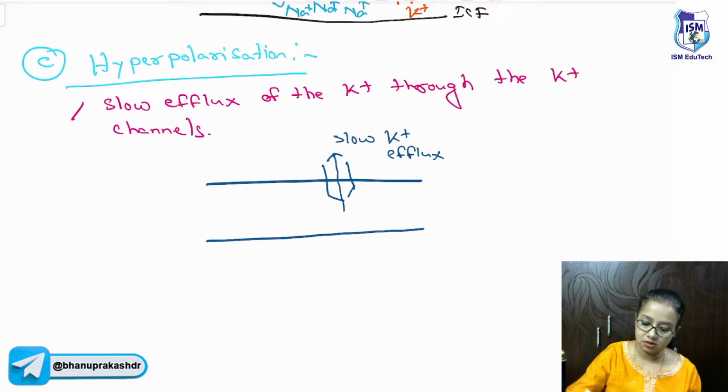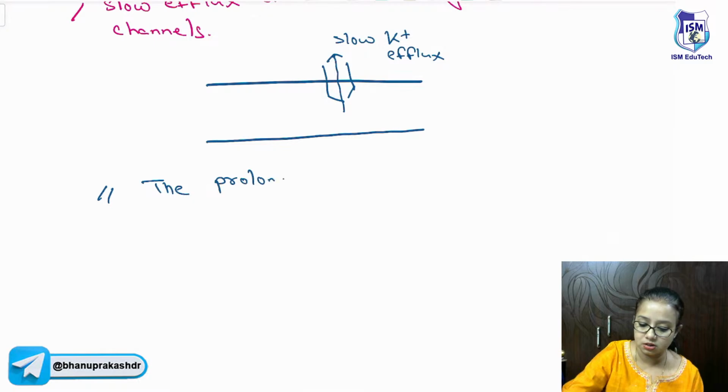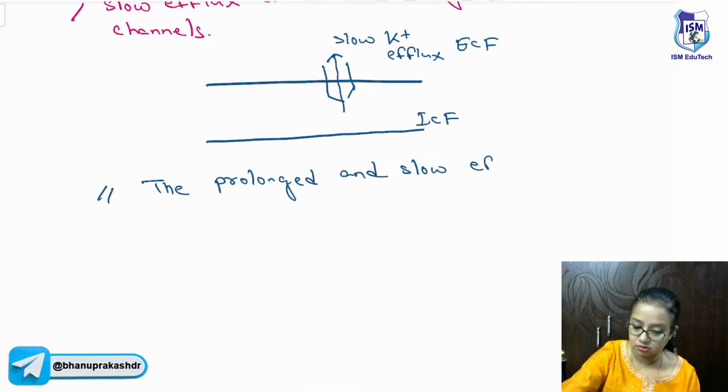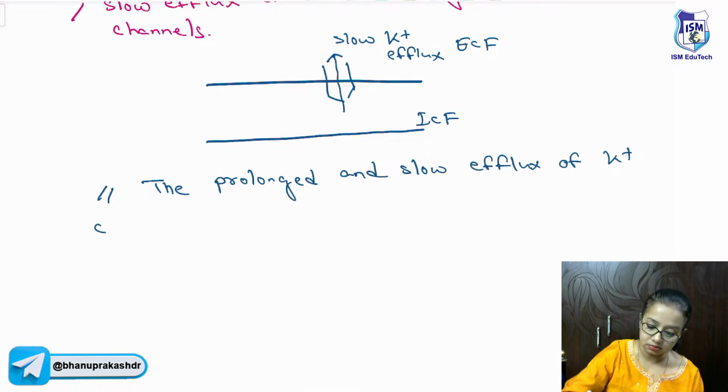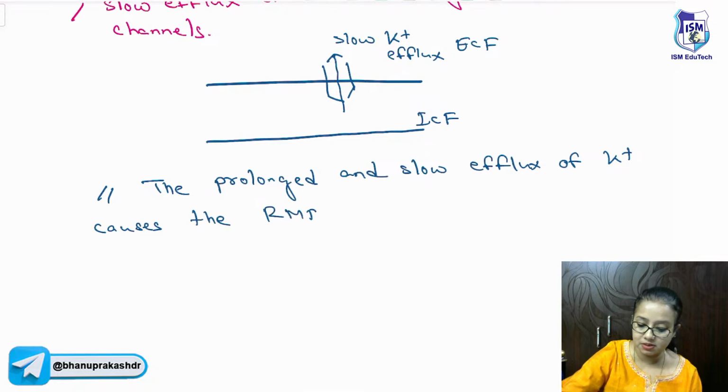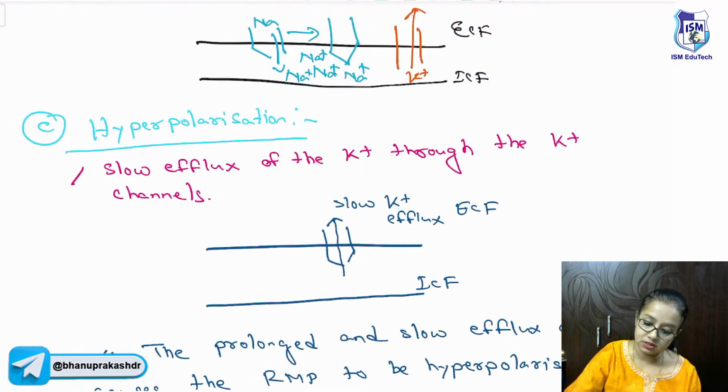Therefore, the prolonged slow efflux of potassium causes the resting membrane potential to be hyperpolarized.